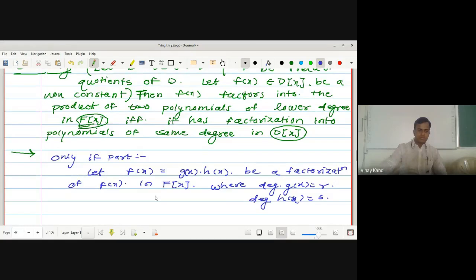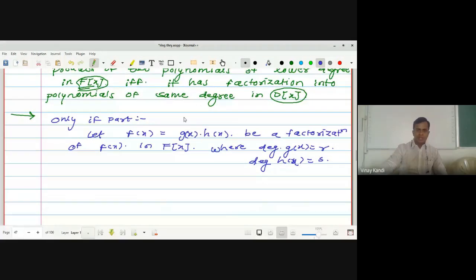Okay, so I have to prove that it has a factorization into polynomials of same degree in D of x.